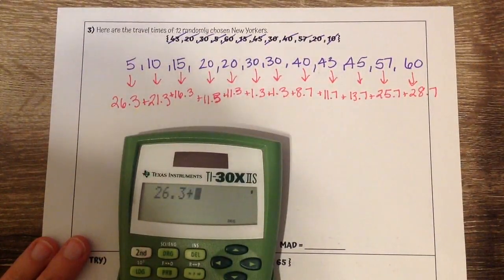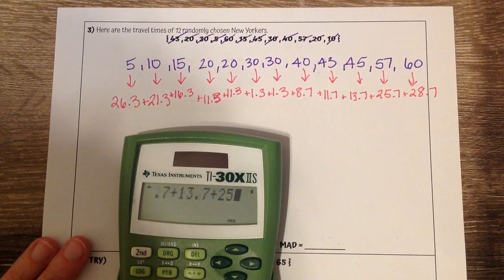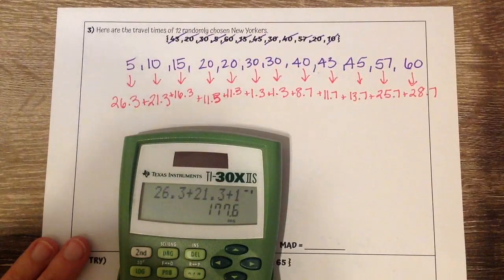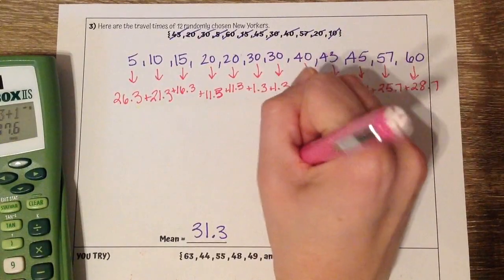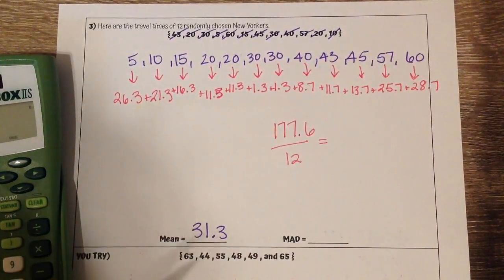So 26.3 plus 21.3 plus 16.3 plus 11.3 plus 11.3 and 1.3, another 1.3, 8.7, 11.7, 13.7, 25.7, 28.7. So we get 177 and 6/10 divided by 12 values.